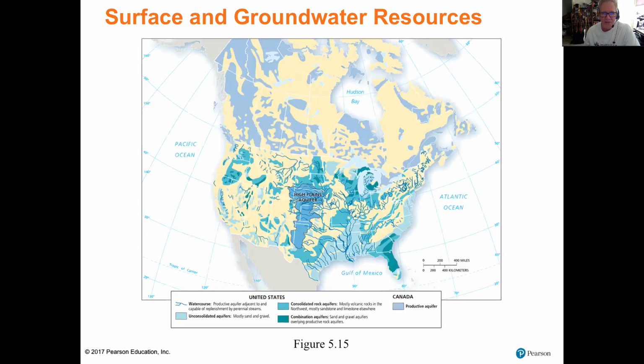So here's the areas in North America that are highest in groundwater resources. And as you would expect, where we get lots of rain, lots of groundwater. But here's one thing you may not think of, and that's here in the Great Plains. This is what we call an aquifer, which we'll get into in a second, but it's these areas of underground water storage.